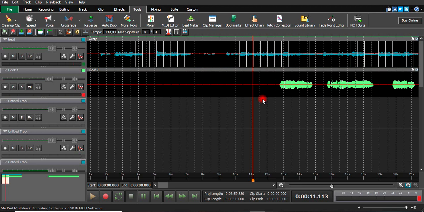But in case you don't have an isolation shield, if you record a vocal and you hear some background noise, you can go straight to your stream. You right-click with your mouse, then you remove this unwanted part by cutting it, and you only leave the main vocals.